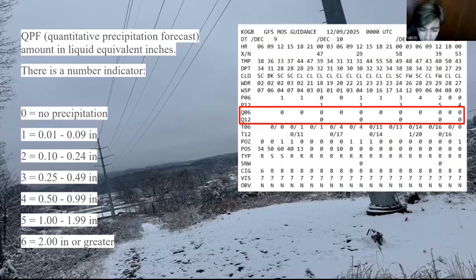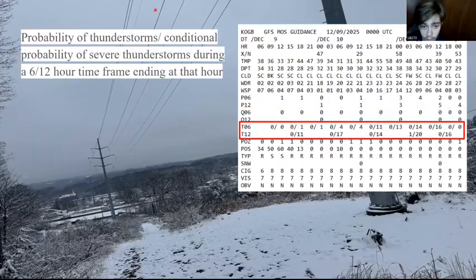It's not exactly crucial to memorize these, but it would be important, of course, to know that 6 is the maximum, and it would be 2 inches or greater. Because remember, if it was anything more than that, really MOS wouldn't be necessarily useful. Well, it could be, but in cases where we had extreme QPF, maybe it would be some kind of unusual event.